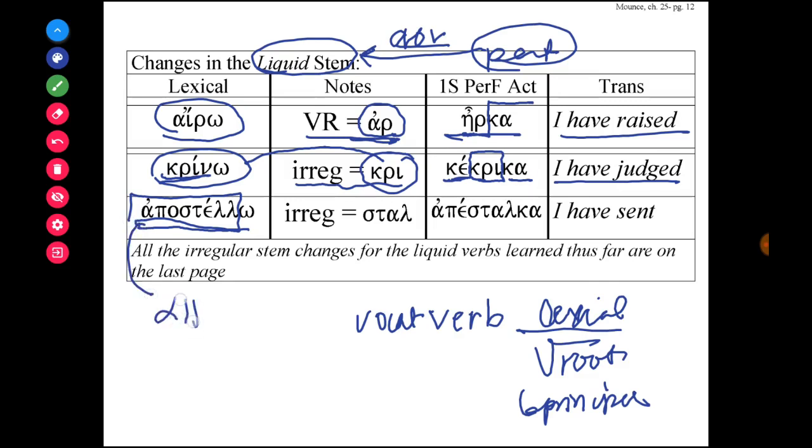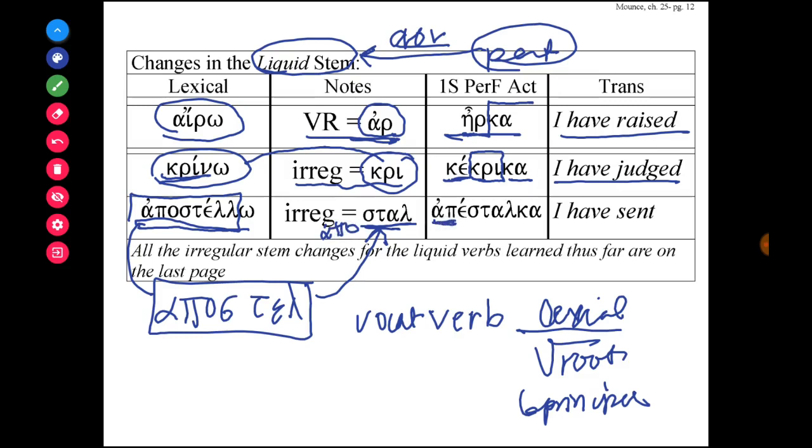The verbal root is apostel with a single lambda, but this undergoes a change. It becomes apostal. Now the apo is a preposition. Here is your reduplication, adding the epsilon. Here is the perfect stem, stal, and here is ka, your suffix ending for the perfect. So apostalka is I have sent.